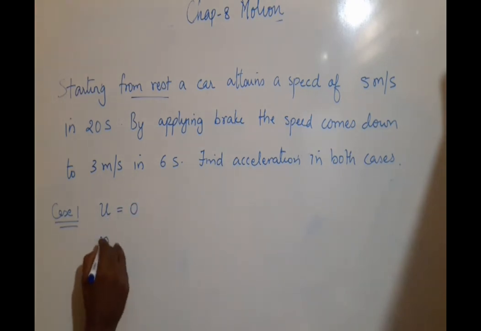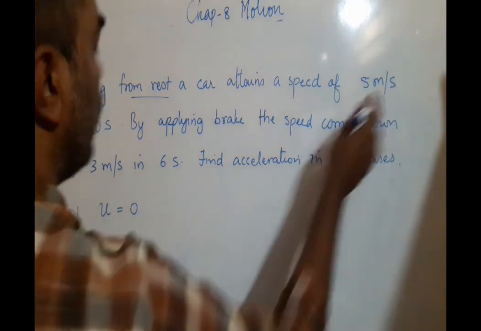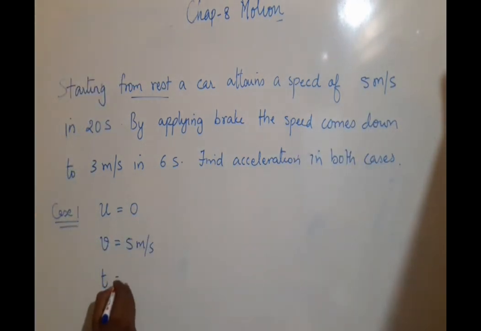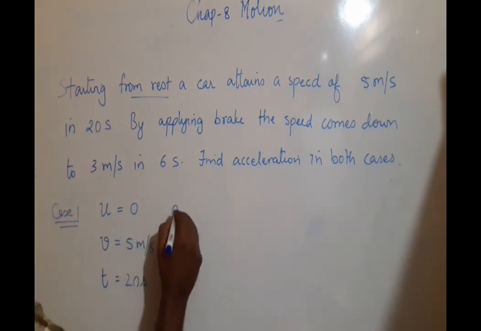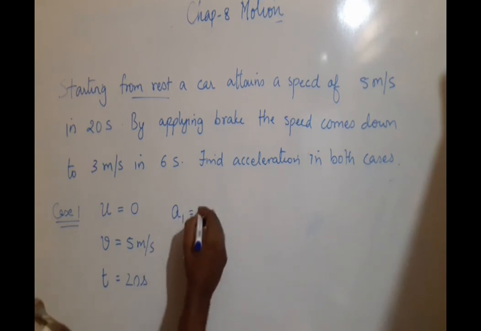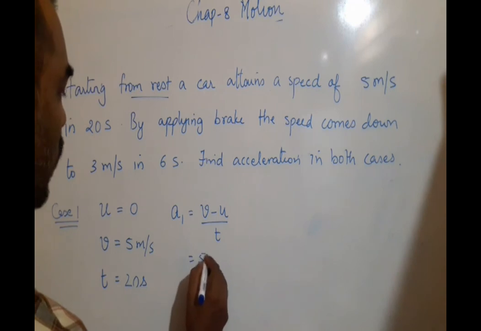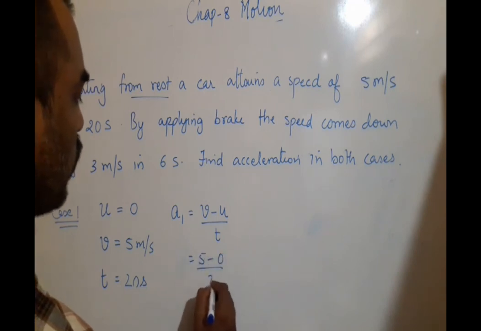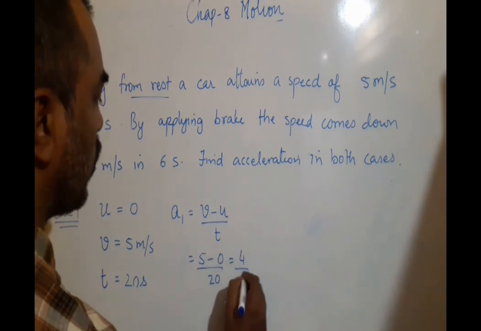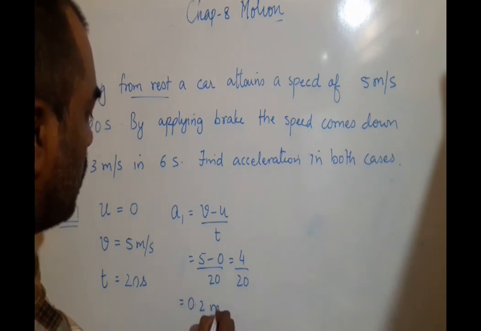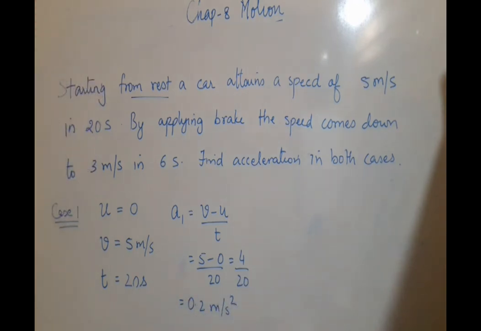The final velocity, the speed the car attained, is 5 meter per second, and the time taken was 20 seconds. So acceleration of the first case, A1, should be V minus U upon T, or 5 minus 0 upon 20, equal to 4 upon 20, equal to 0.2 meter per second square.